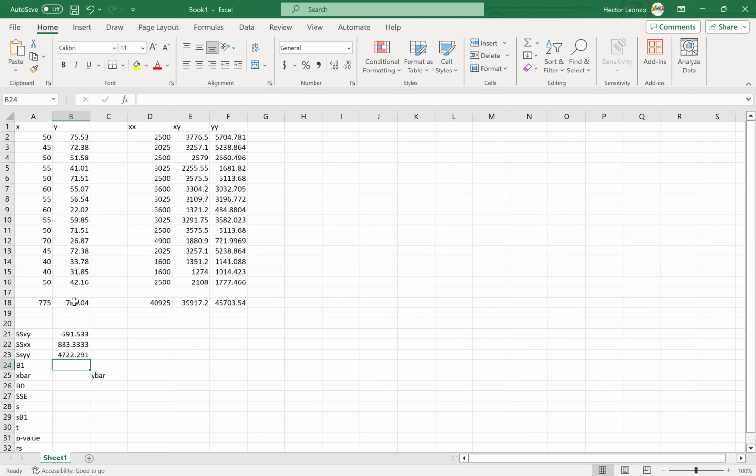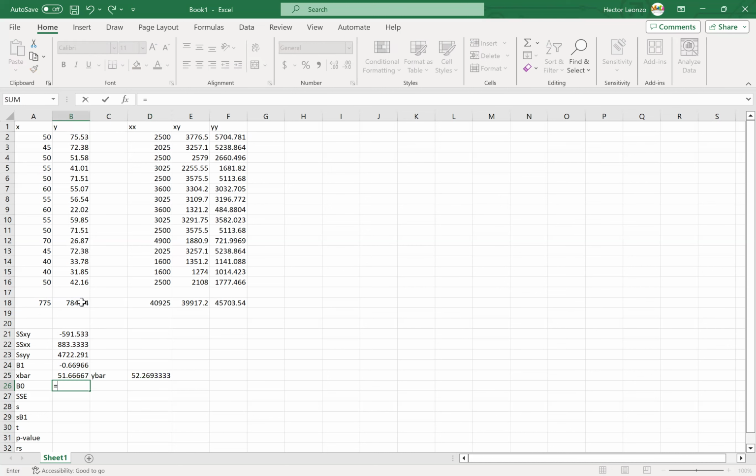My beta 1 is equal to the sum of the squares of xy divided by the sum of the squares of x. My x bar is equal to sum of x divided by n, so in this case, divided by 15. My y bar equals the sum of the y's divided by n, so in this case, divided by 15.